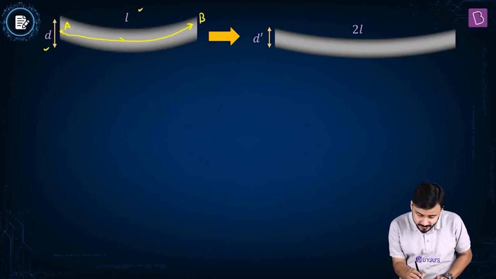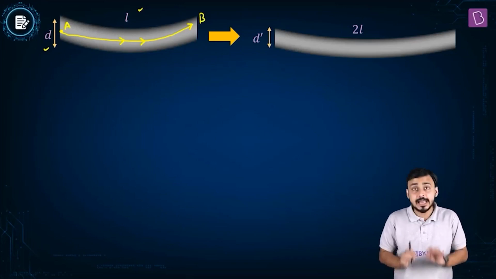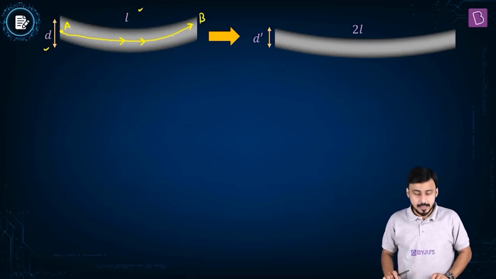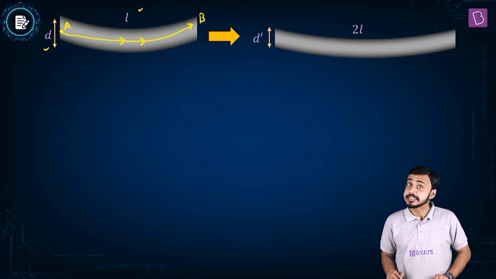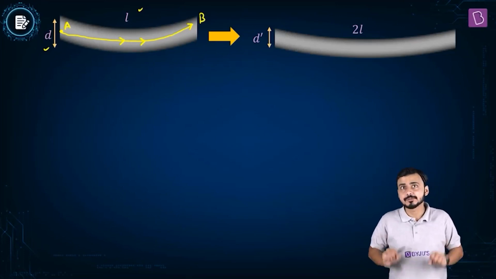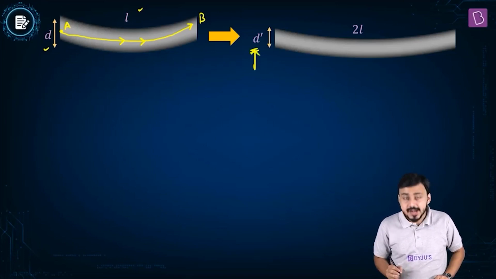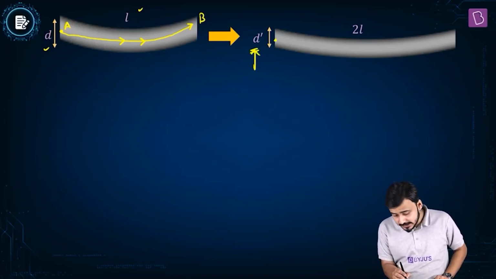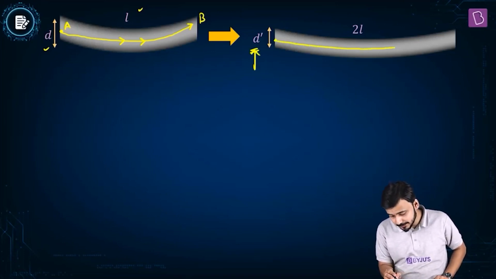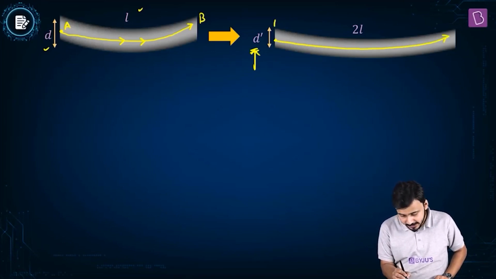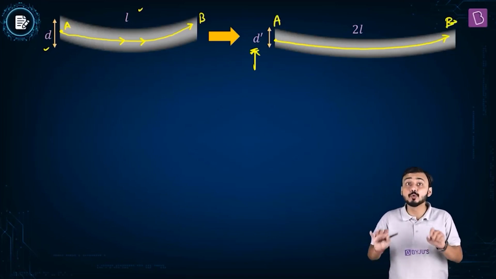When the current is moving like this, it travels L. And the diameter is given to be D. When the wire is stretched, the diameter changes to D dash and the length changes to 2L because there's a 100% increase, correct? A comes here, B comes here, and the distance between them becomes 2L, correct?